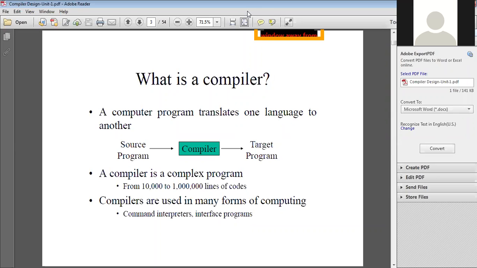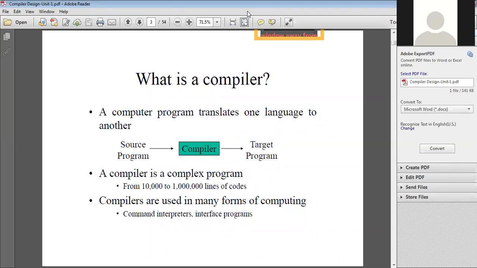The source program is written by the programmer, and what is the function of the compiler? It converts the high level language program into the target program. And what is the target program? It is the object program. You can also call it the object program or the machine language program, because the computer can understand only machine language. So the function of the compiler is just converting the source program into the target program.